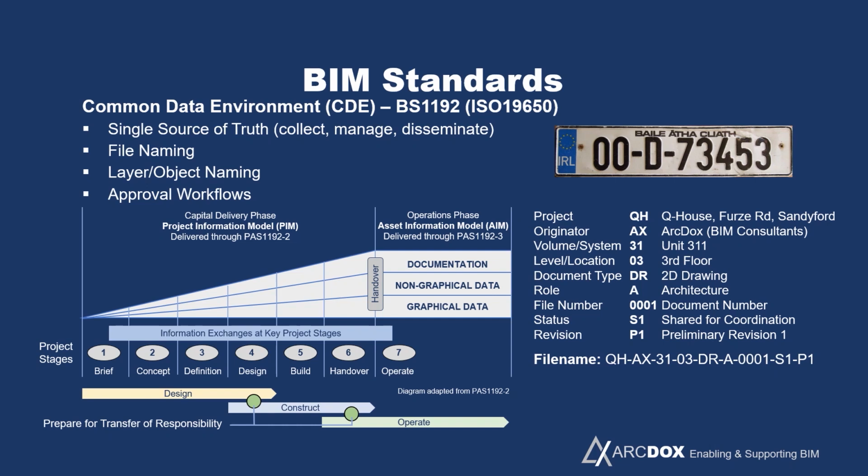So each file name looks something like what you see on the screen there, and at first people think that's a bit daunting, but as with the license plate on a car, once you understand how the codes work, it's incredibly easy to find stuff when you're looking for it and understand what's in those files without having to open them, which saves an enormous amount of time for everybody.